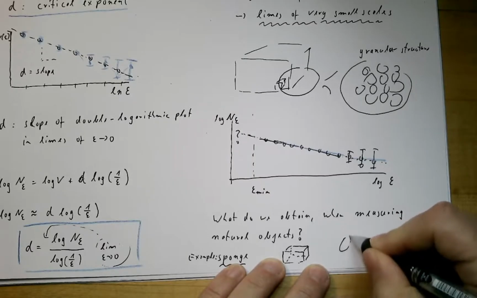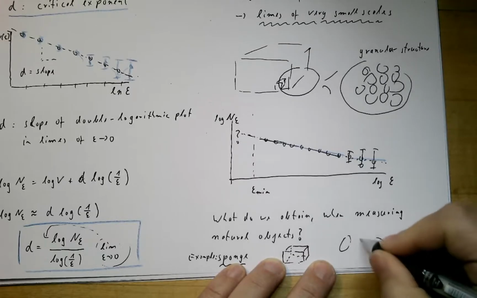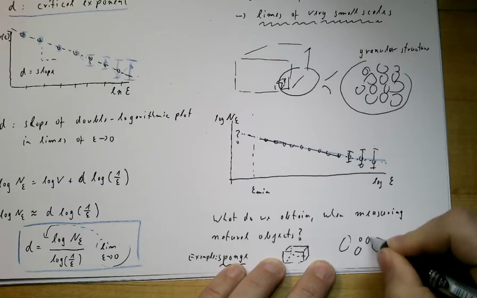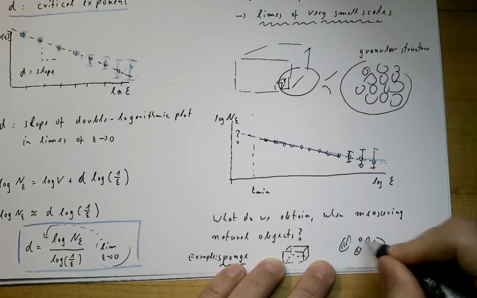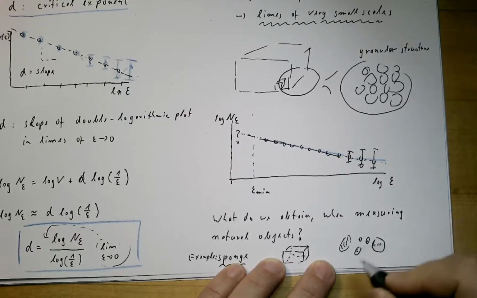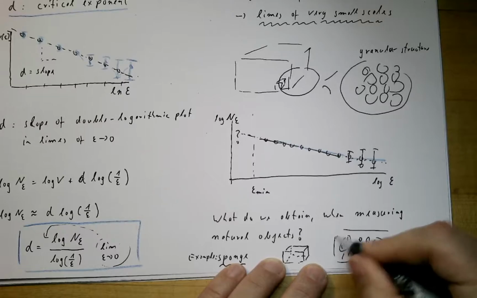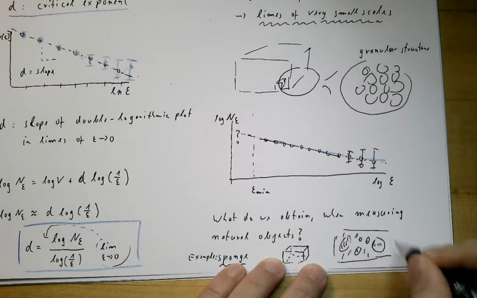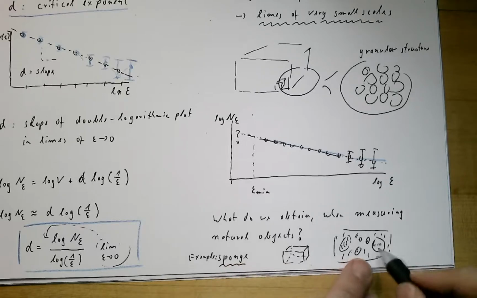You will see big holes, you will have smaller holes, and here it's a bit deeper. And then you have the material of the sponge, and you see it's an object which has a lot of holes.